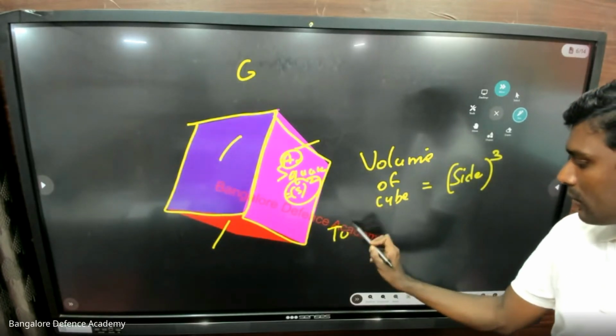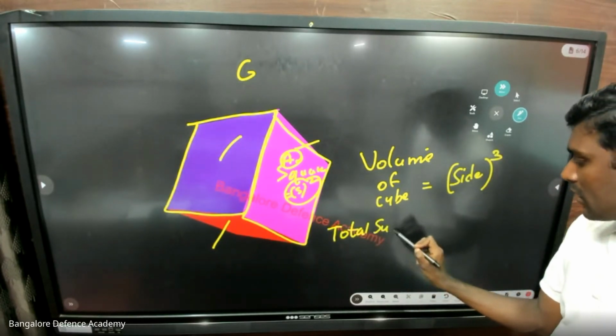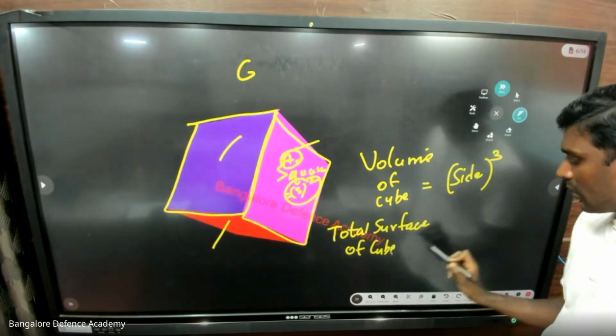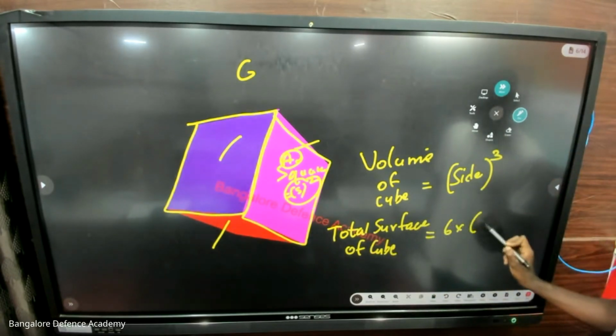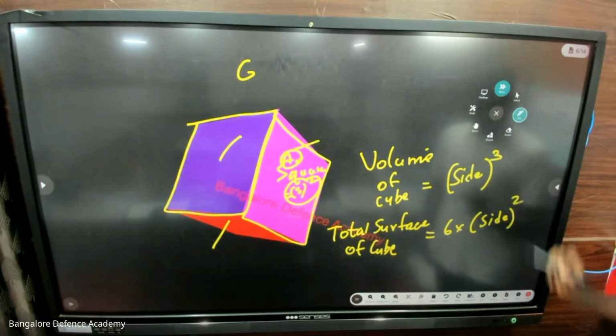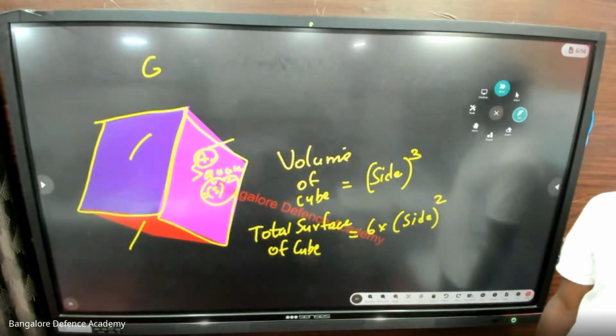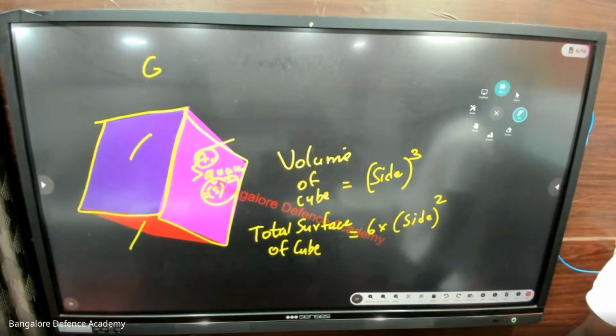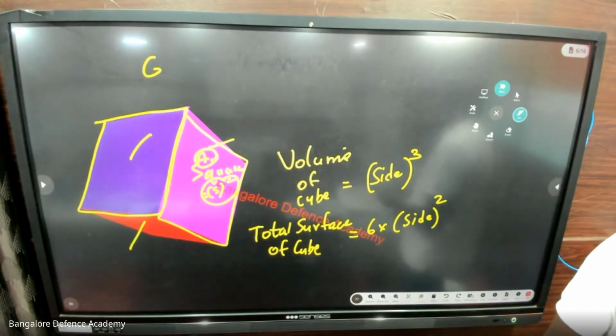And total surface area of cube is 6 into side square. 6 into side square.